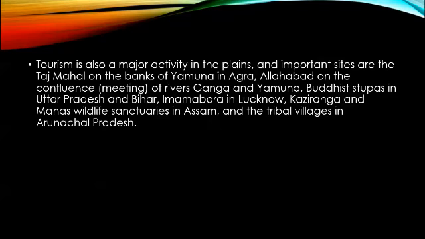So many sites are very famous for tourism as well. A lot of people visit these places because of their scenic beauty, and so many historical places are available there.